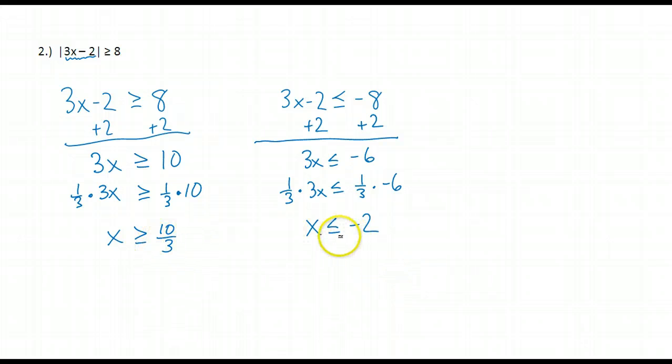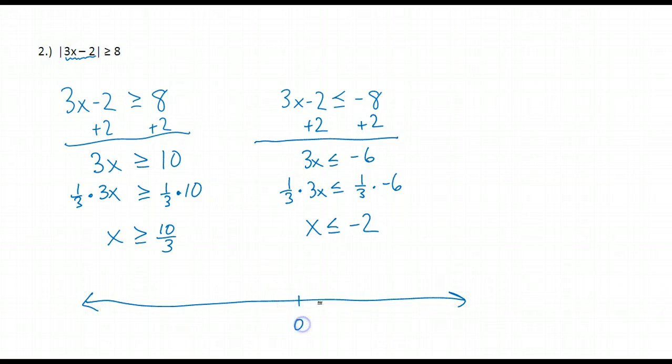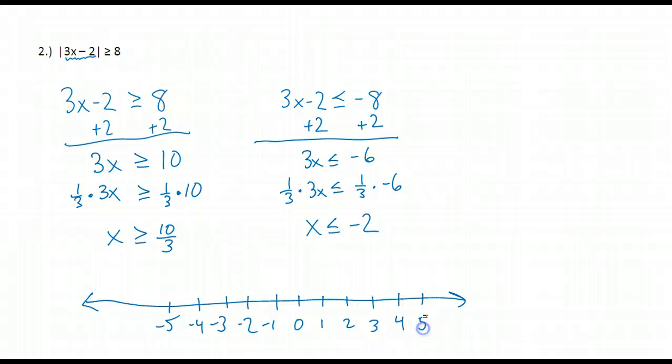At this point, I'm going to want to graph my solution. So I'm going to draw in a number line. My critical values are at 10/3 and negative 2. 10/3 is 3 and 1/3.